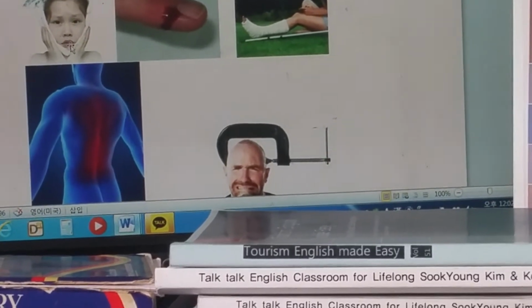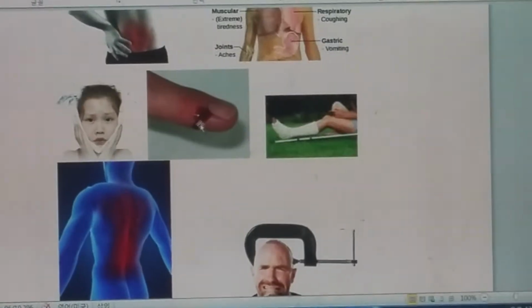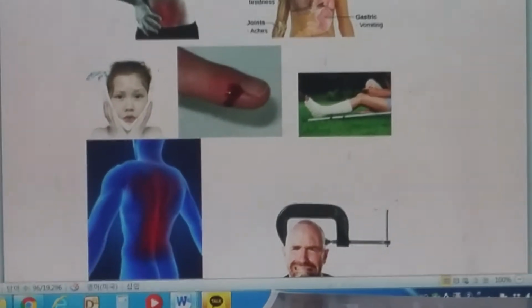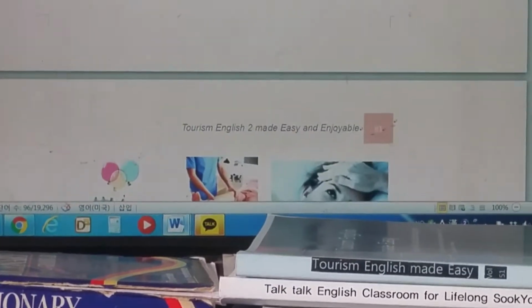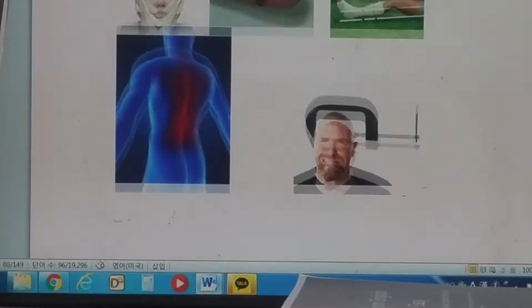This one is also, I have a flu. I really cut the finger. Broken the leg, back pain. We are again back to back pain. Where is it in your book? That's back pain.